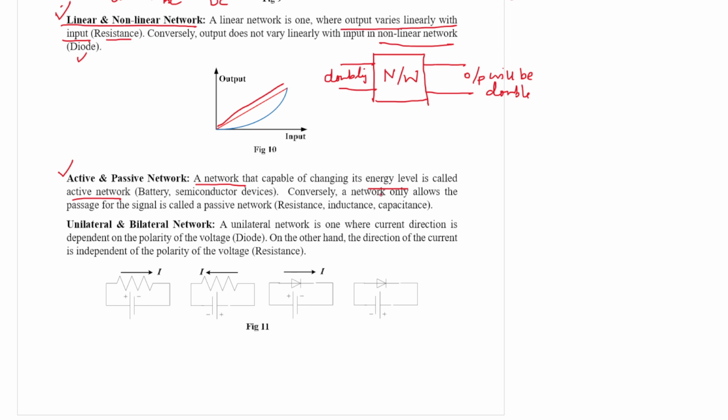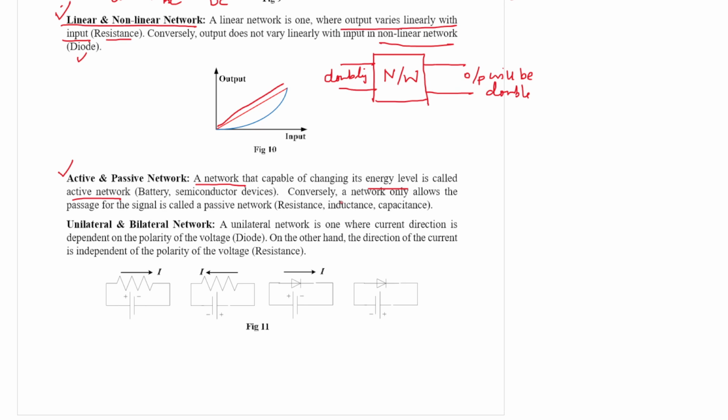However, if a network only allows the passage of the signal to flow, it is called a passive network. It has nothing to do with energy changing capability. It is just there to provide a path for energy or signal to flow, whether it is a voltage or current.